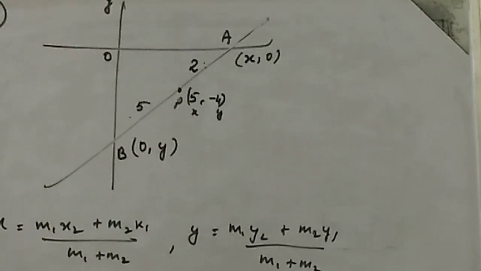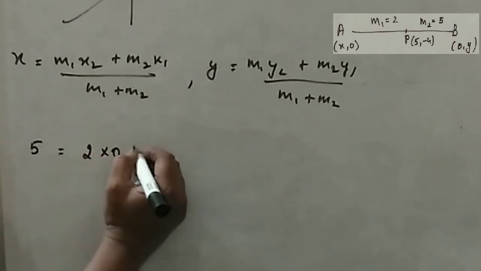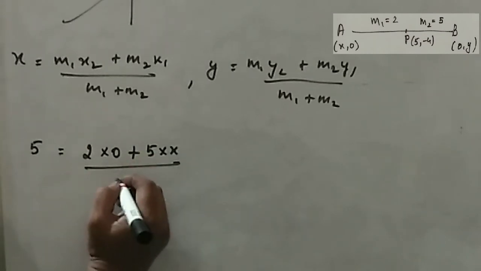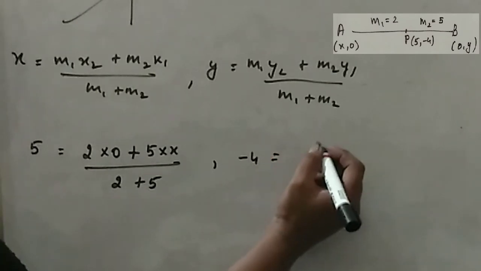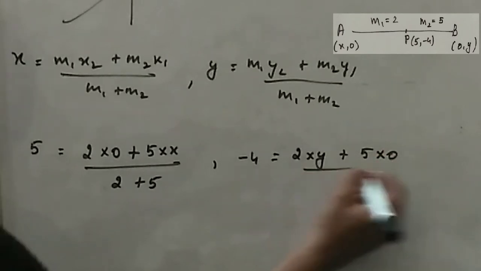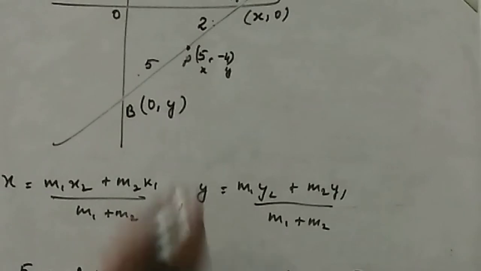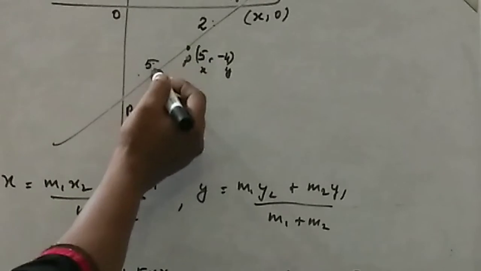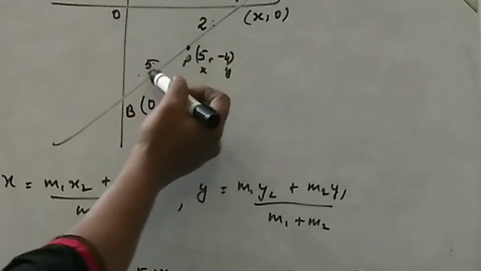In the place of x you will write 5 is equal to (2 into 0 plus 5 into x) upon (2 + 5). Then -4 is equal to (2 into y plus 5 into 0) upon (2 + 5).